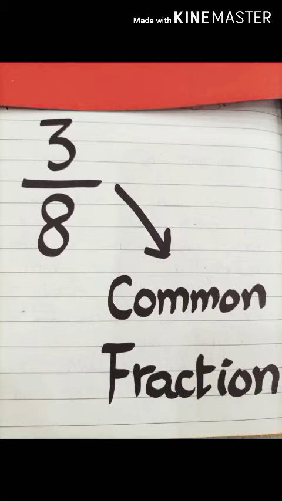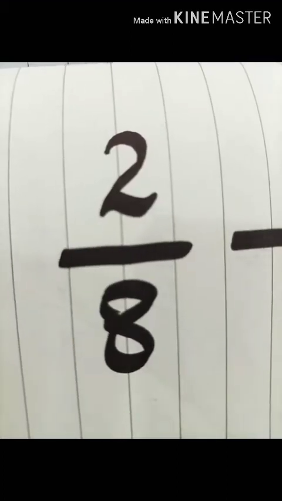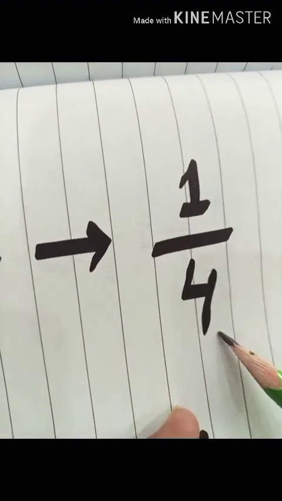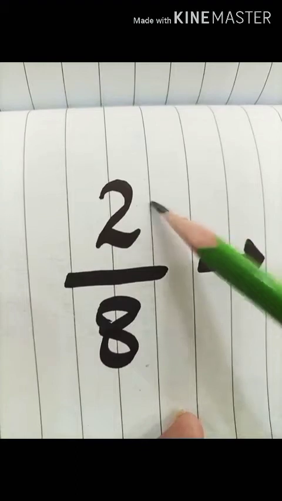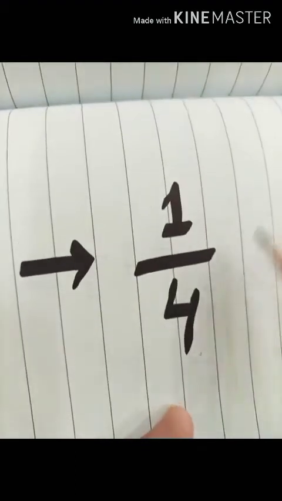Students, notice that we have used 2 by 8 out of the 8 parts of the cake in the place of 1 by 4, or the quarter. It means that this fraction 2 by 8 is also showing the quarter. Quarter is another term used for this fraction.